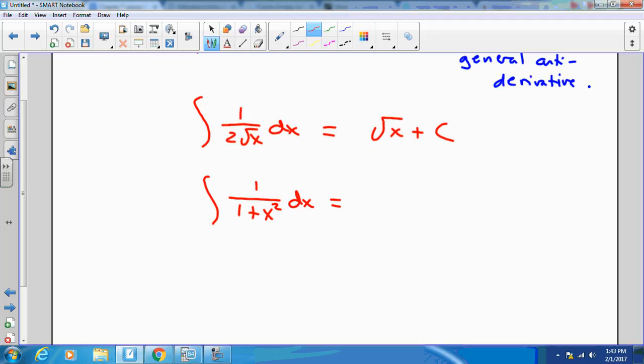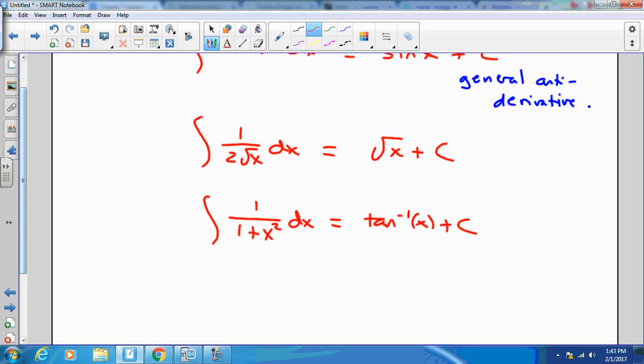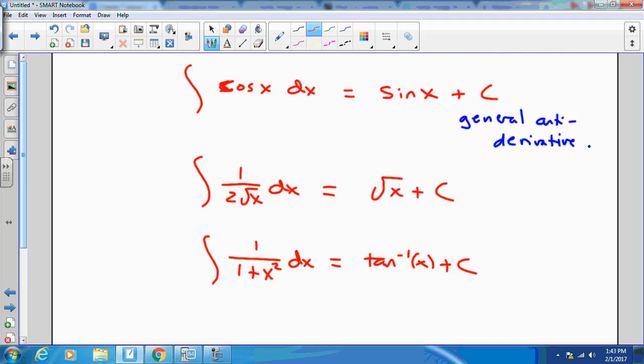So the fact that we're struggling with this indicates something important, and that is that those derivative rules have to be on the tip of our tongue, right? This guy is actually inverse tangent. Yep, exactly. Okay, so here's the important point that I want to make about our antiderivatives.